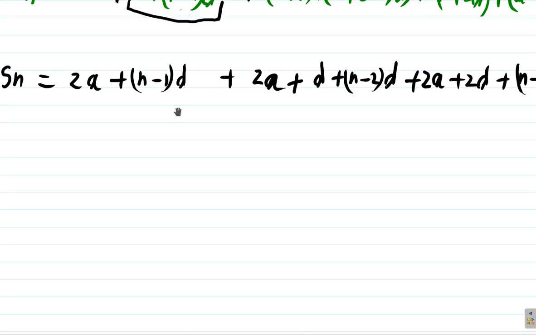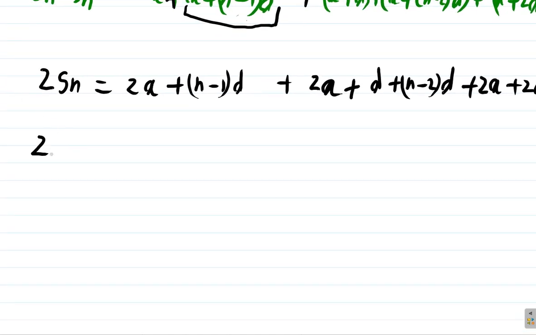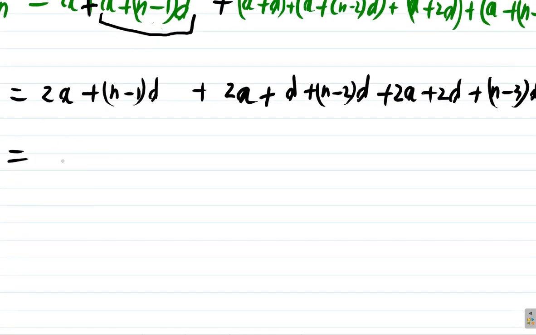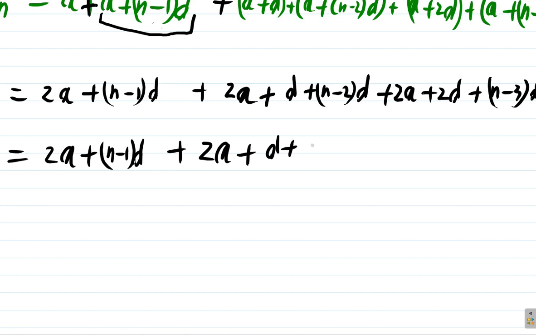What we want to do is simplify them further. So we have 2Sn equals 2a plus n minus 1 d plus. Now, let's open the brackets. 2a plus, this would be d plus nd minus 2d. See that? When you open the brackets.